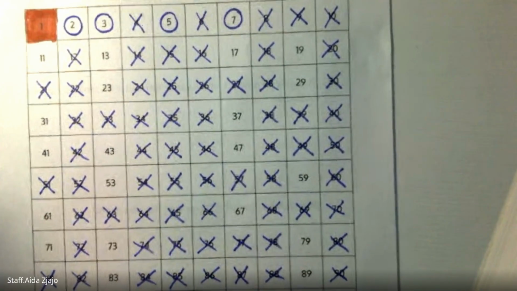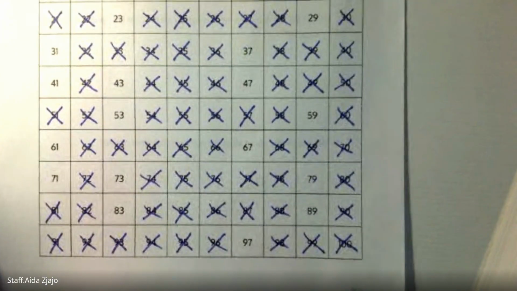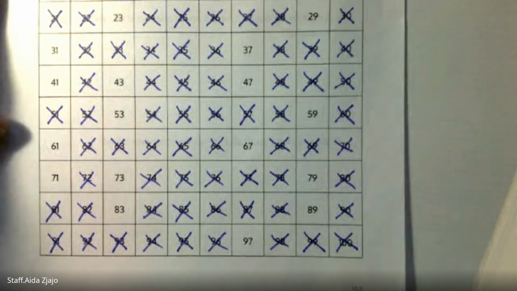And that would be all the multiples of 7.